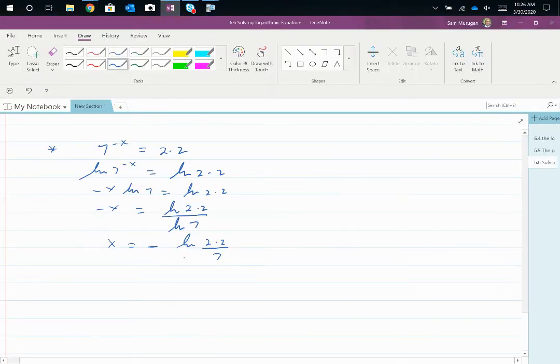Okay, I'm back. So negative ln 2.2 over ln 7 would be the solution to this problem. Okay.